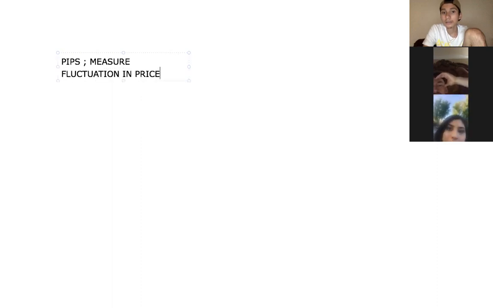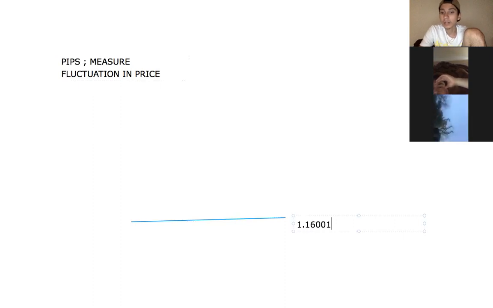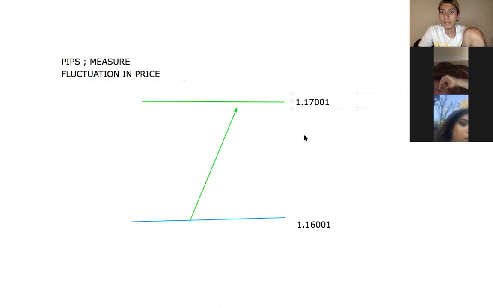So let's say we're looking at a graph. Let's say we start off at this point right here, and the price of that is 1.16001. And then let's say for some reason the value of this currency decided to just shoot up to this point up here, which is at 1.1701, which happens all the time.